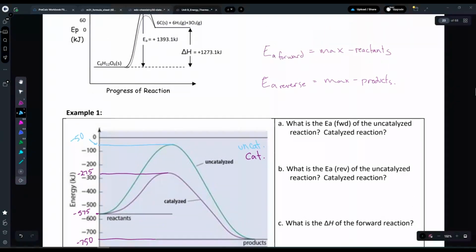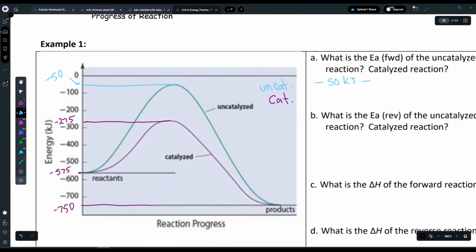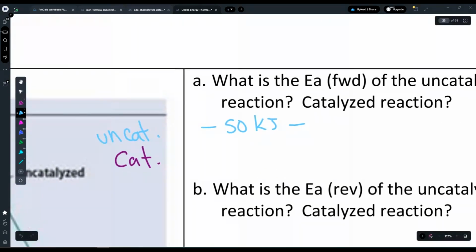All right, so for the activation energy of the forward reaction for the uncatalyzed, we're going max, which was at negative 50 kilojoules, minus our potential energy of our reactants, which is negative 575.